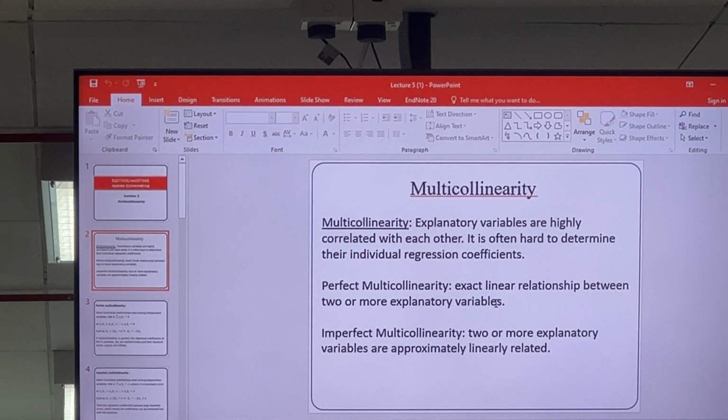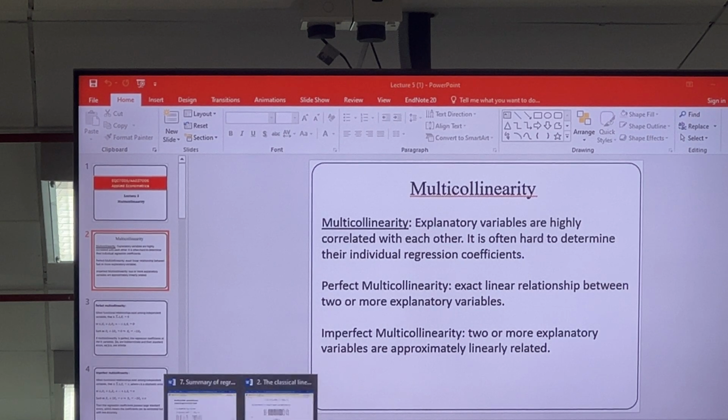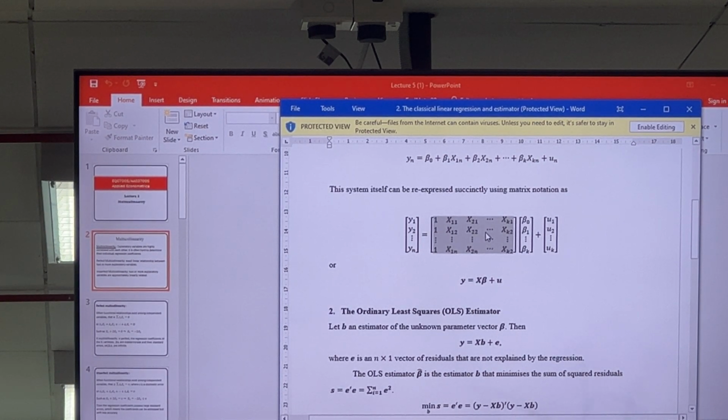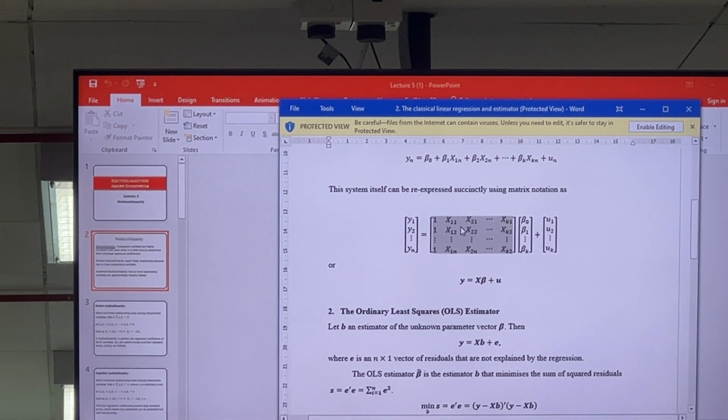Let's say the first independent variable, x1, is exactly equal to 2 times the second independent variable, or the third column. That's what we call exact or perfect collinearity, an exact relationship between different independent variables, different x.